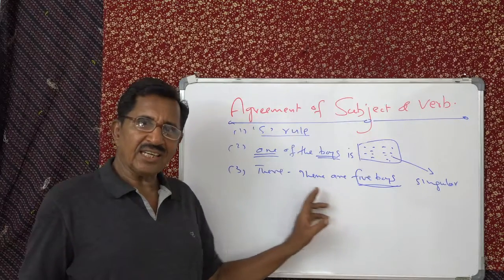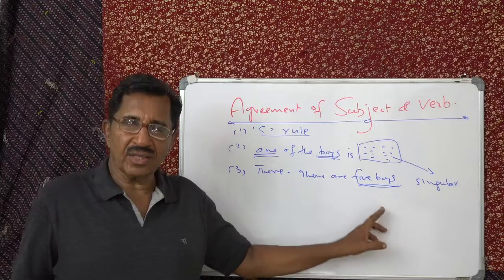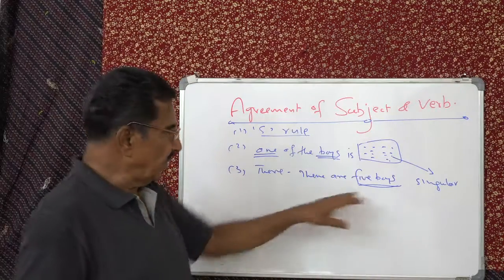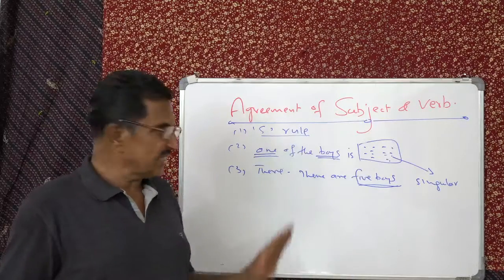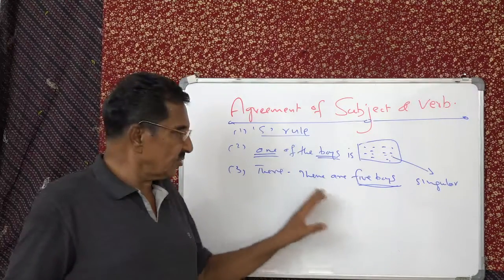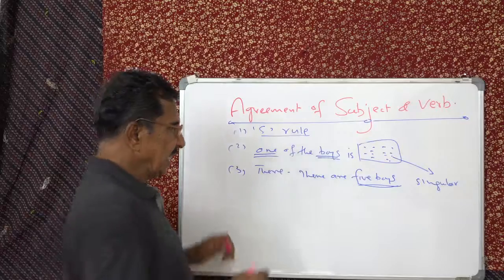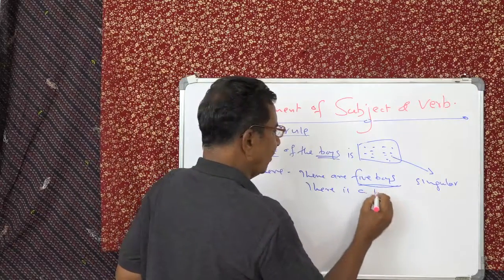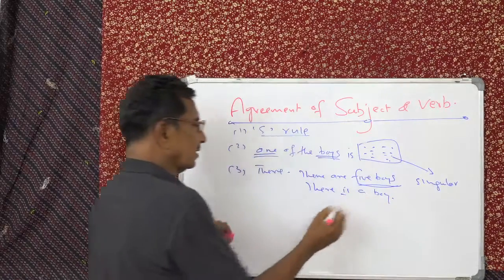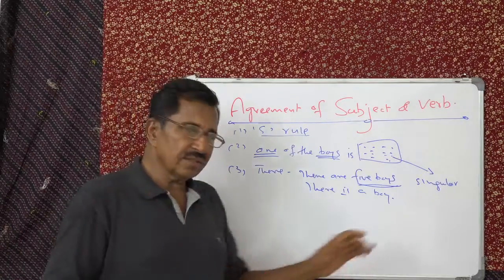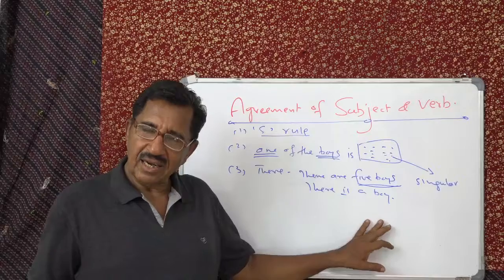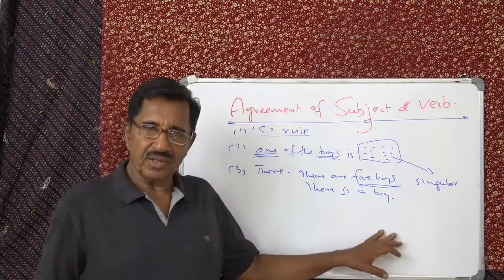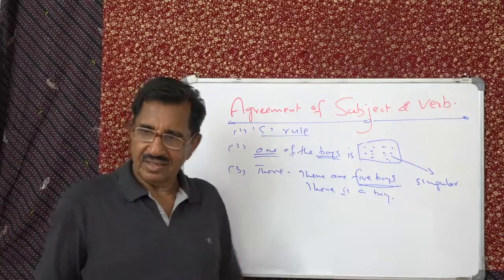When you start a sentence with there, you should find out the real subject. But for stylistic reasons, we say there are 5 boys. There is a boy. There is a tree. Here a boy is the real subject, and therefore is. There are boys. Right. Is that clear?